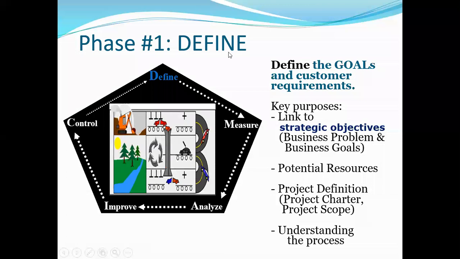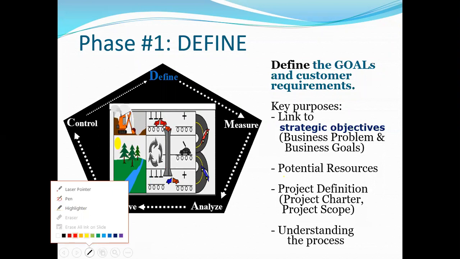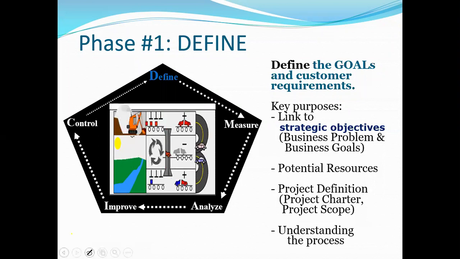These are some activities that will be done in the Define phase. We try to link the business goal to the Six Sigma project. We also identify the potential resources owned by the company that can support the Six Sigma project.